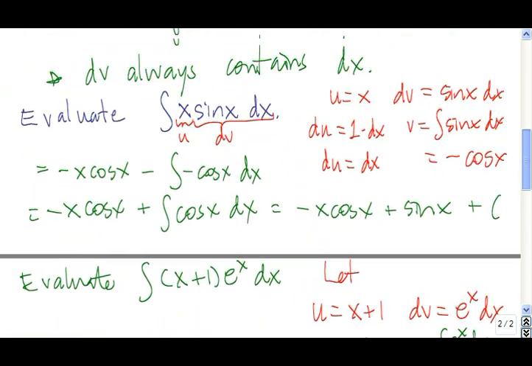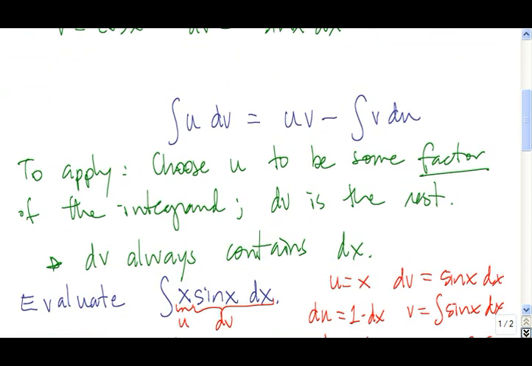Okay, so let me recap here. The way you're going to solve an integral using integration by parts is that you choose some factor of the integrand to be u and the other factor to be dv. In the end, the hard part, once it's broken down, is integrating v times du. There are a couple of things that you want to keep in mind when you are choosing u and choosing dv.